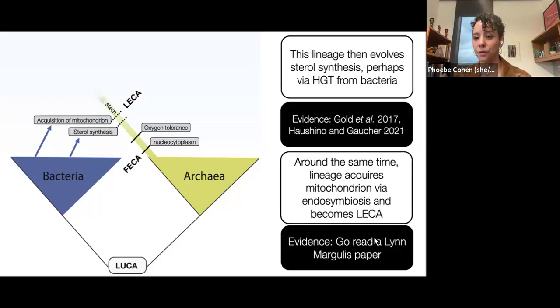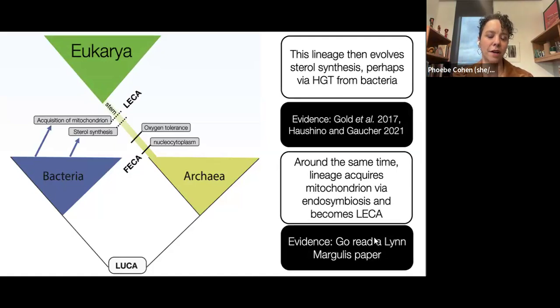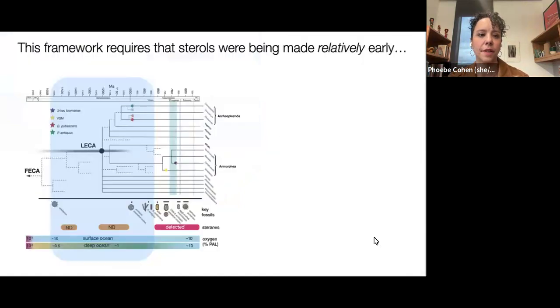Around the same time, we don't know the order of events here, the lineage also acquires the mitochondrion via endosymbiosis and then becomes LECA, the last eukaryotic common ancestor. So there's this acquisition of mitochondrion and sterol synthesis, both of which require molecular oxygen, and thus an oxygen-tolerant cell.